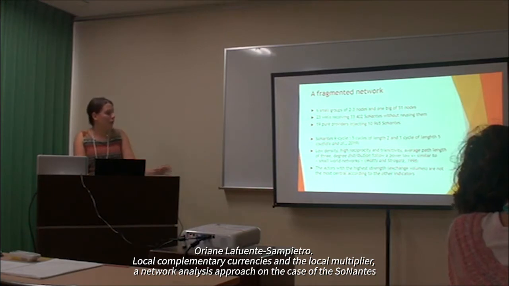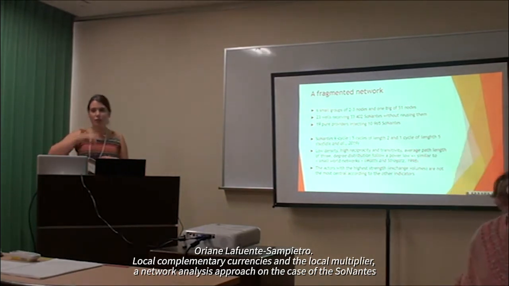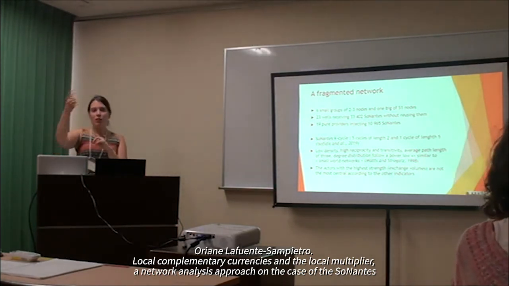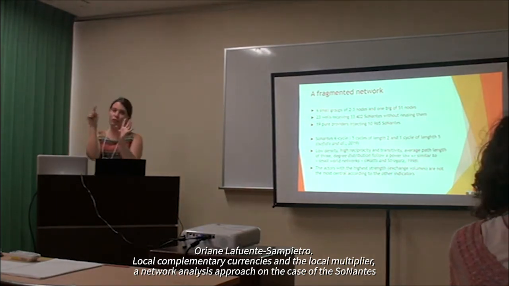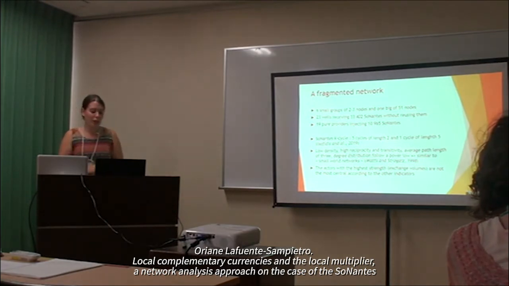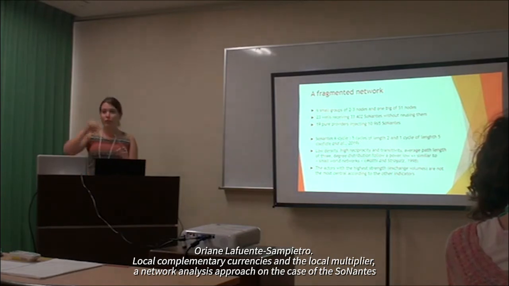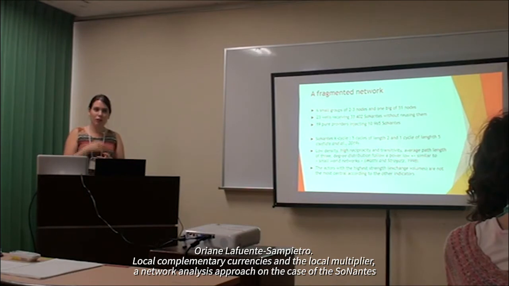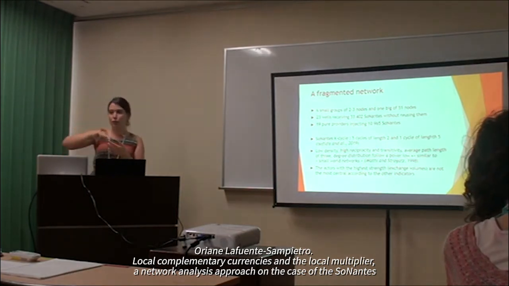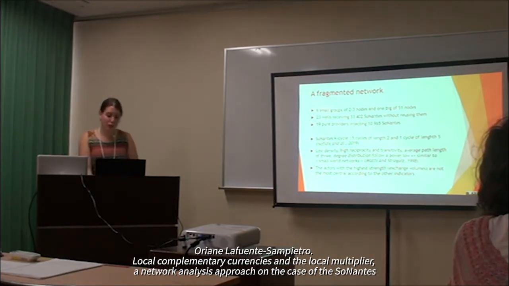For the general indicators on the graph, it's a very low density with high reciprocity. It means that often users are two playing together. There is also transitivity, which is when three are playing together. The average path length is very small too, so every user is quite close to the others. On average, if you want to go from one user to another one, it's 3 steps.